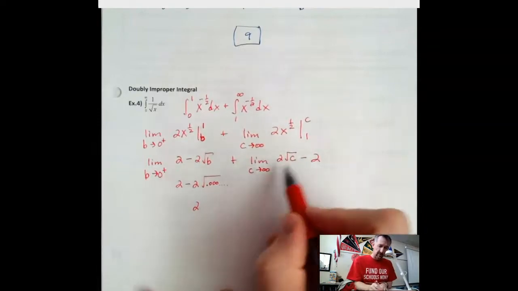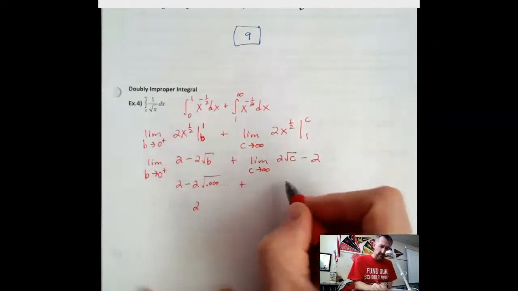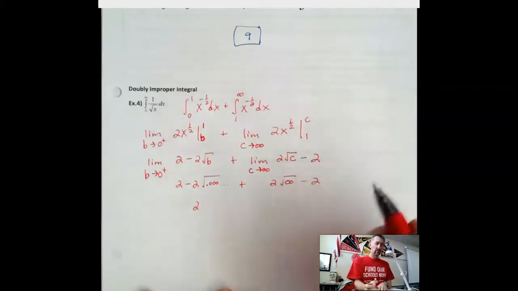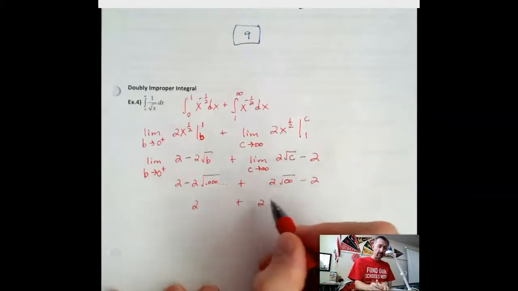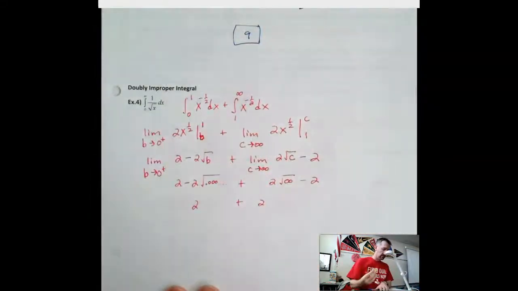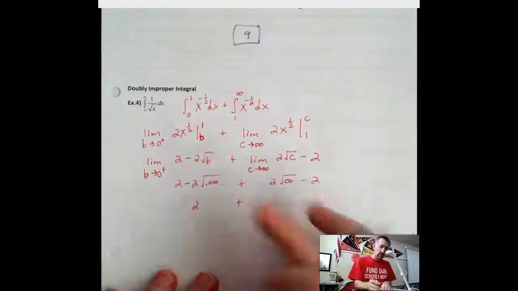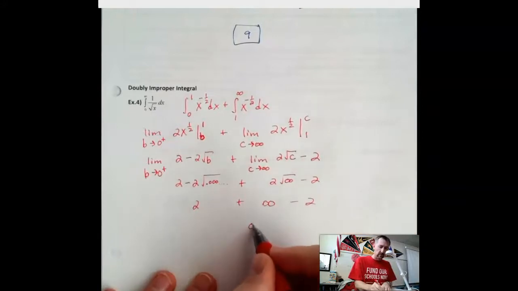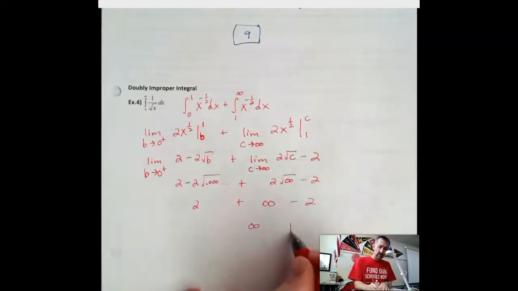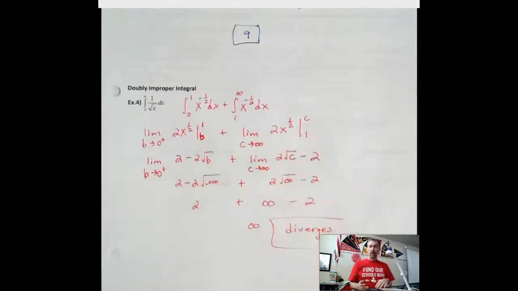And so if that's infinity, that's going to be 2 root infinity minus 2. Well, that's infinity. So 2 plus infinity minus 2, that's infinity. So that diverges. All right, so that's chapter 7.